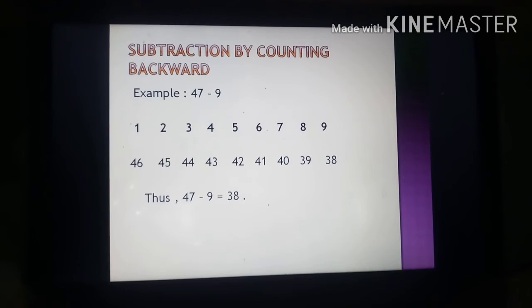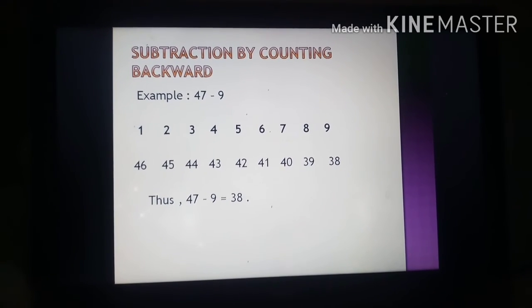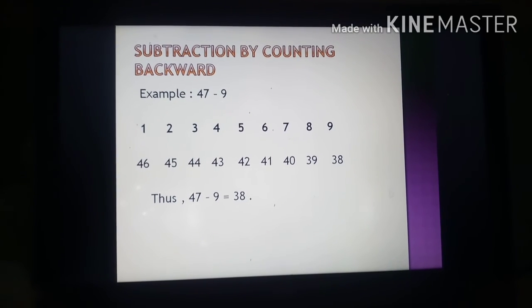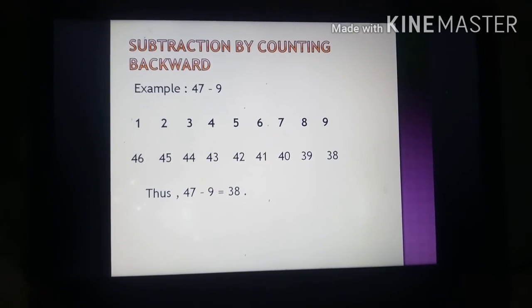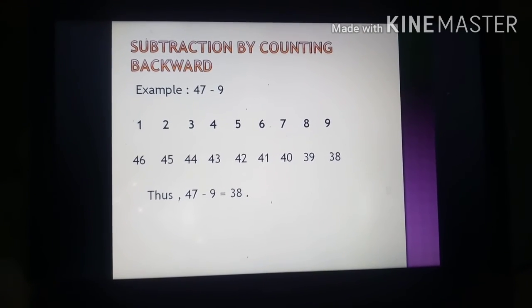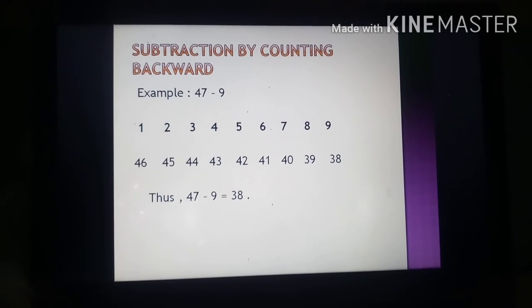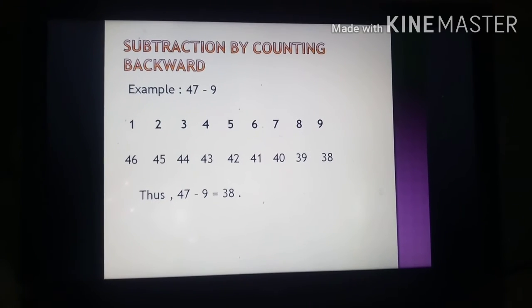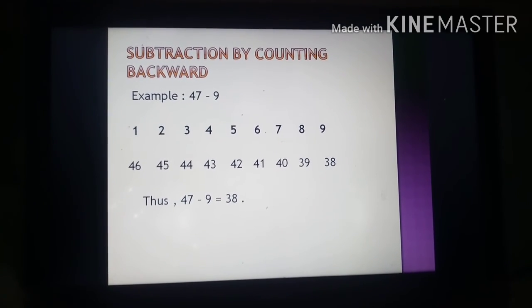The next rule of subtraction is subtraction by counting backward, meaning we have to move backward. The example is given, 47 minus 9, meaning we have to subtract 9 from 47.